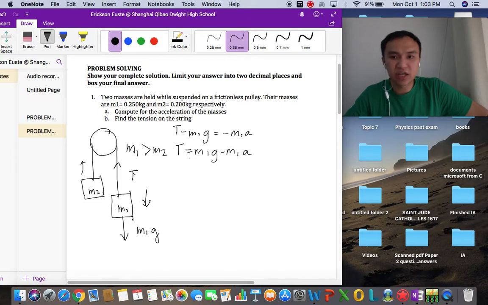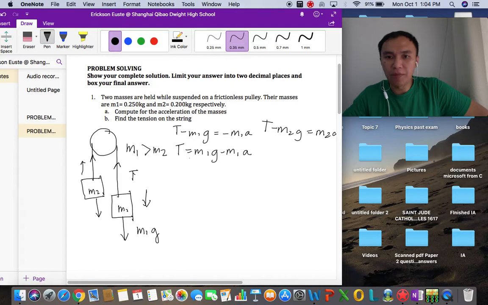All right, that's great. How about the other one? The other mass, which is mass 2, we have this. It's just going straight up. So we have tension minus M2G is equal to M2A. You notice that the direction here is positive because it's going up.